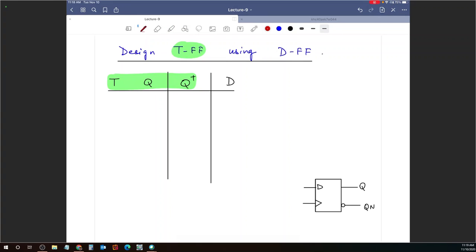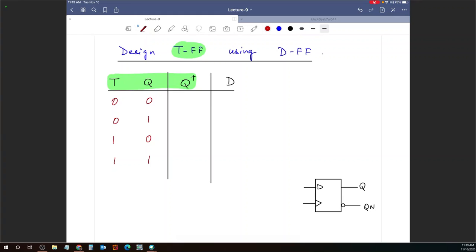What should I write for T, Q? Well, these are going to be my inputs. T refers to the input to the T. Q refers to the previous state, previous output. So in terms of zeros and ones, I will have 4 possibilities. Now, what is Q plus going to be?